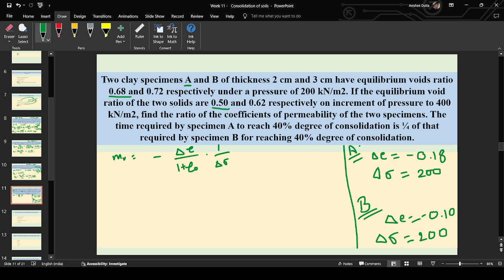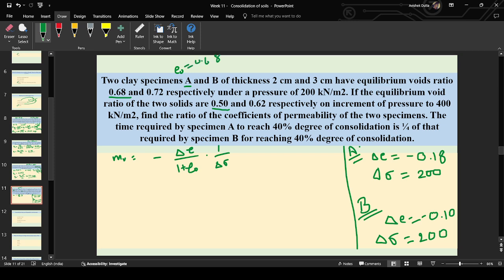Now if we put the values, for A, e0 will be 0.68. For B, e0 will be 0.72. Now put the values and find the value of mv A and mv B. My answer I have reduced to meter square per meganewton.